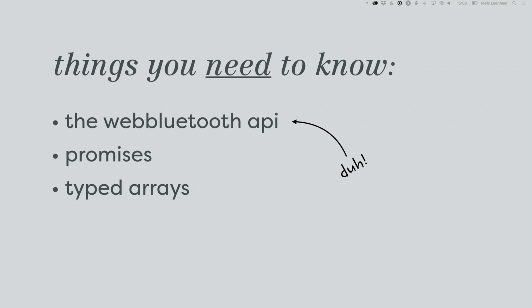So the things you need to know to play with this is Web Bluetooth API, which I explained to you, almost for maybe 90%. That this is it. Promises and typed arrays.